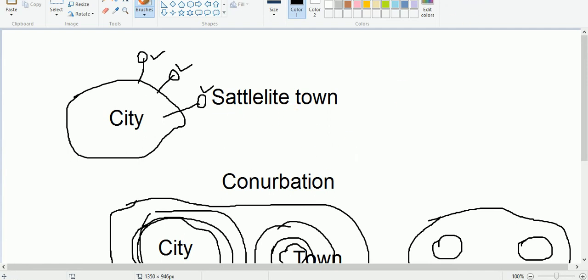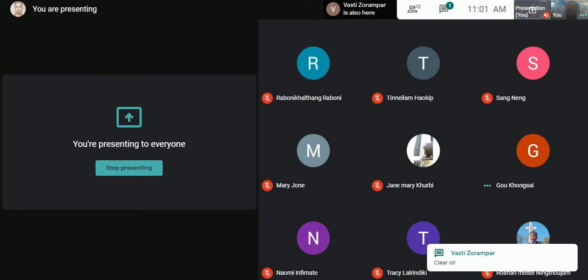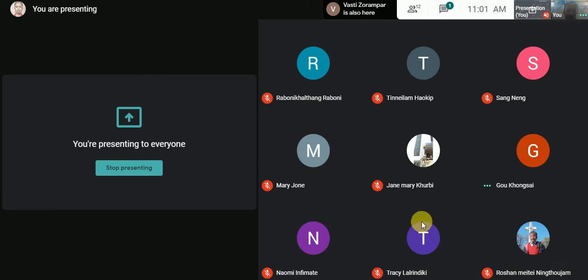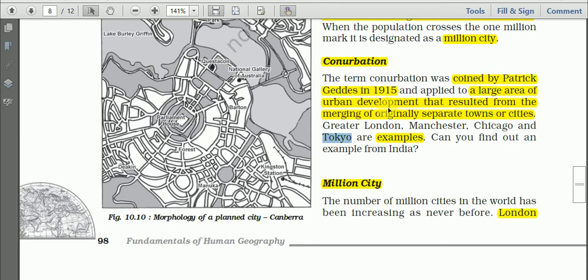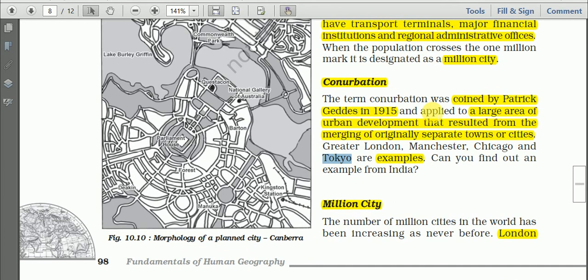Clear or not? So satellite towns are smaller municipalities that are located adjacent to a major city.